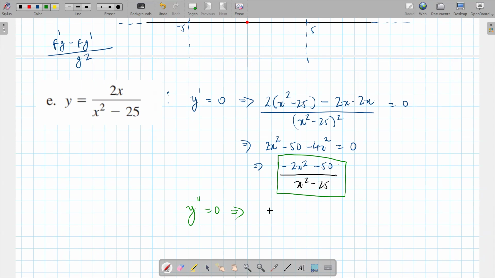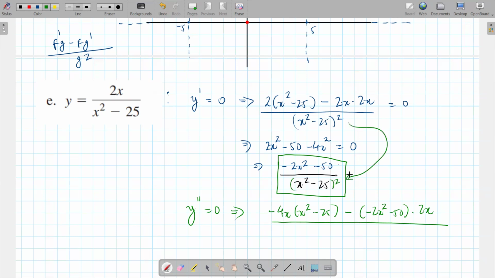Negative 4x. So negative 4x. The derivative of minus 50 is 0, so it's gone. Times the denominator minus f as it is times the derivative of the denominator. What's the derivative of x squared minus 25? 2x. And all over, there was supposed to be a squared here.